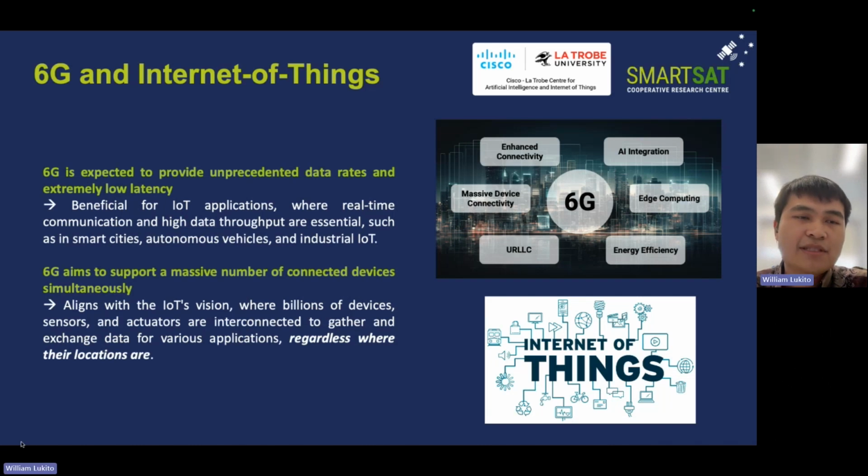In 6G networks, the connectivity speed is expected to be so fast that we will not need any loading bars anymore, regardless of how big the data will be. Therefore, in 6G, there will be no waiting time anymore.